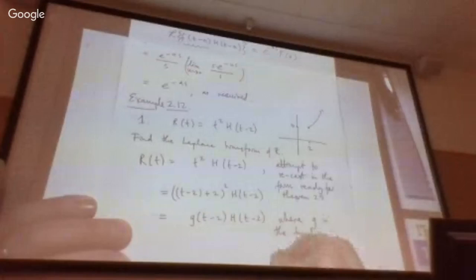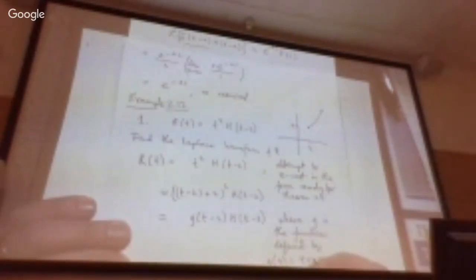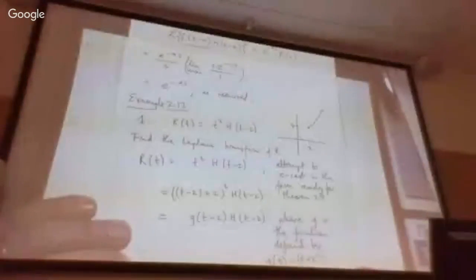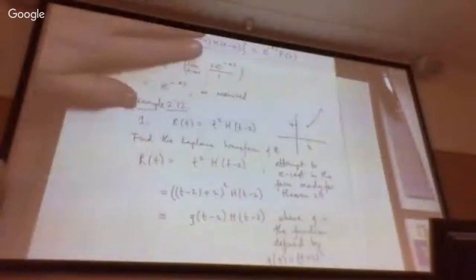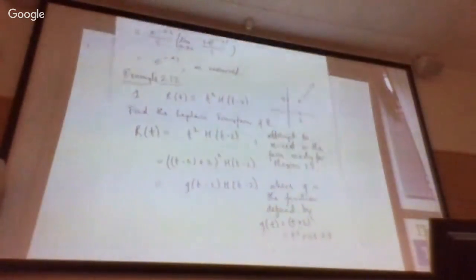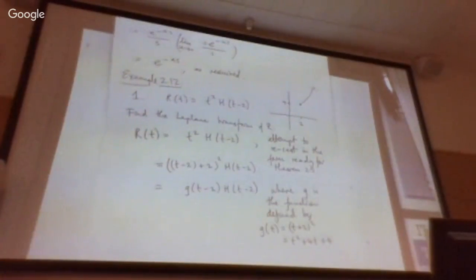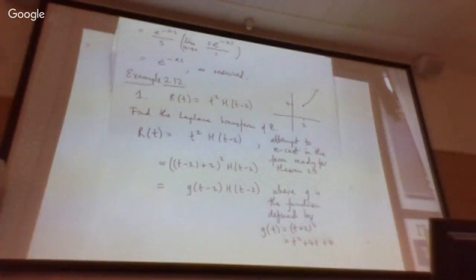defined by g of t equals t plus 2 all squared, or in other words, the polynomial t squared plus 4t plus 4. Now that looks confusing, and it is a little bit confusing, because normally we don't do things like that.